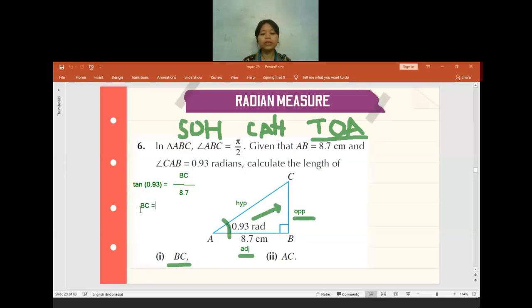Multiplication. Yeah, BC will be 8.7 multiplied by tan 0.93. How many will it be? 11.67. 11 point 67. Is there anyone who got a different answer?